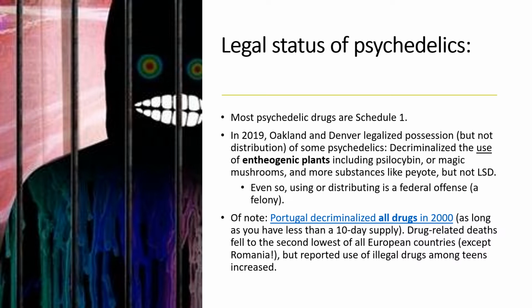I think because LSD has too much of an association with, I don't know, the negative side of the 60s. So LSD was never included in that. But this is a big step for those cities, at least. It's still illegal at a federal level. It's still a felony to possess or distribute, but you will not essentially be put in jail in Oakland or Denver by the local police.